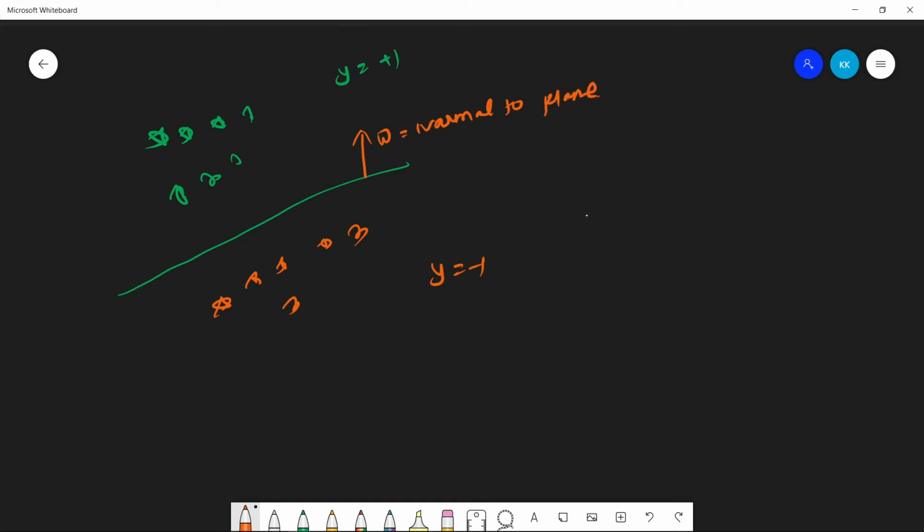For this class my y value is minus 1, and for this class my y value is positive 1. So omega transpose x plus b is always greater than 0 when y equals 1, and omega transpose x plus b is always less than 0 when y equals minus 1. So our orange points are the negative class and our green points are positive.